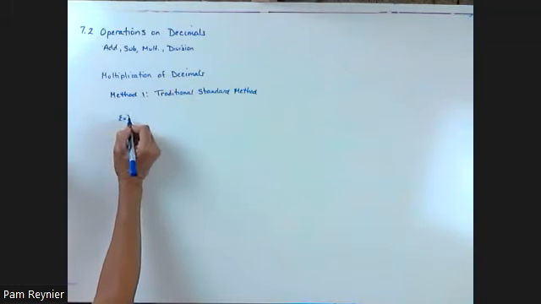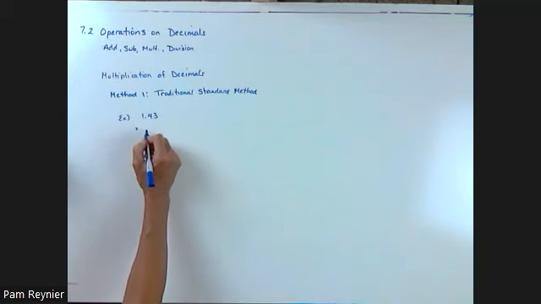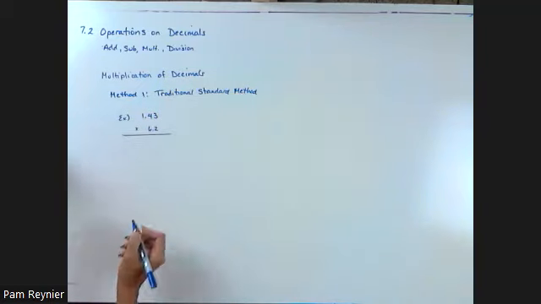So if I give you 1.43 and we want to multiply by 6.2, we do not need to line up the decimals because they're not like terms. And so we can do this the same way we did earlier with whole number multiplication.